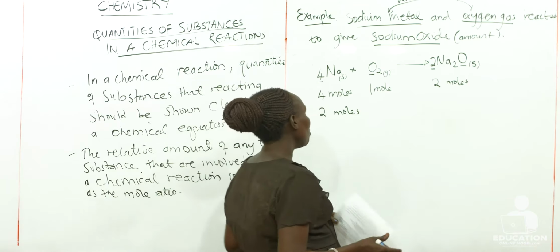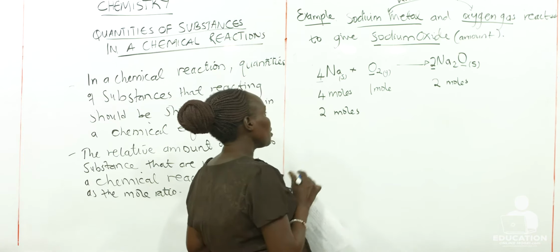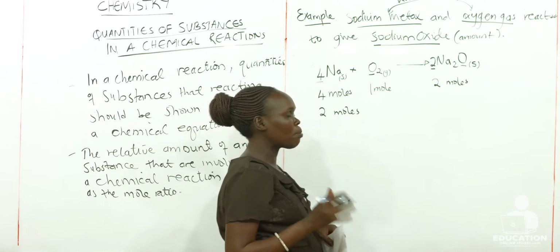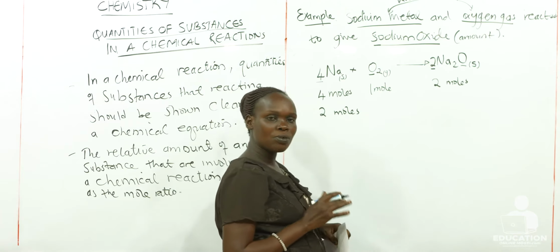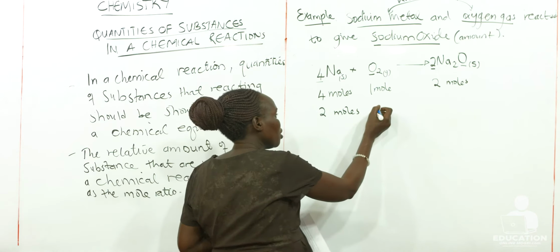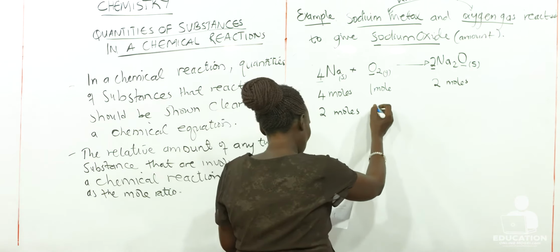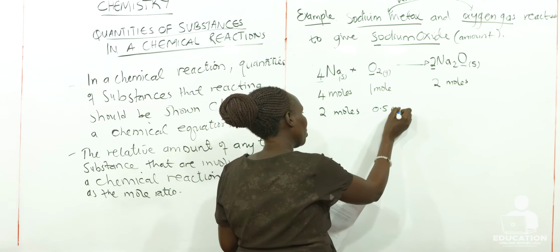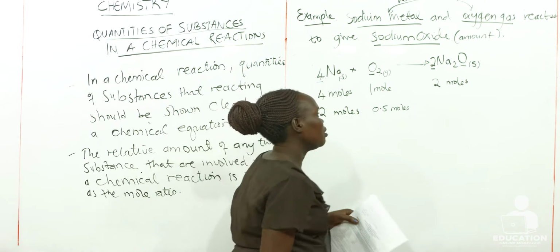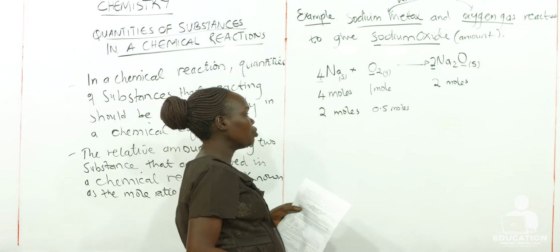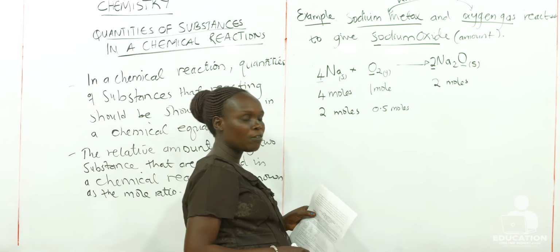So we have 2 moles. Then sodium plus oxygen, we can represent with various amounts. We can put 2 moles of sodium producing 0.5 moles of oxygen. So when you divide 1 over 2, it will give us 0.5 moles.